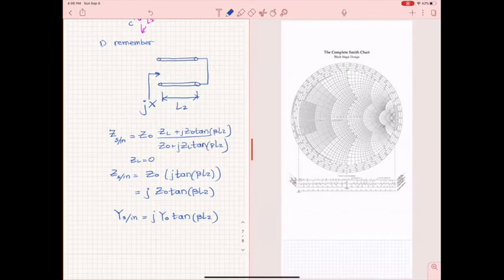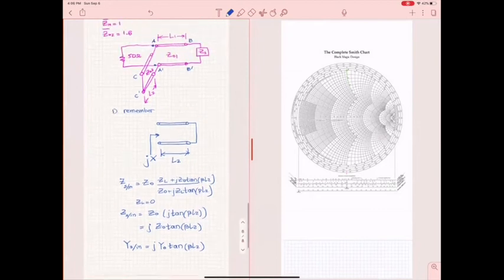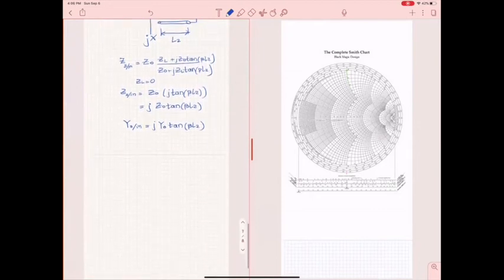Now, in this case, because we have a shunt configuration, let me write here, since now we know that the stub gives a reactance, then I can redo the graphic. And here is my load in admittance form.